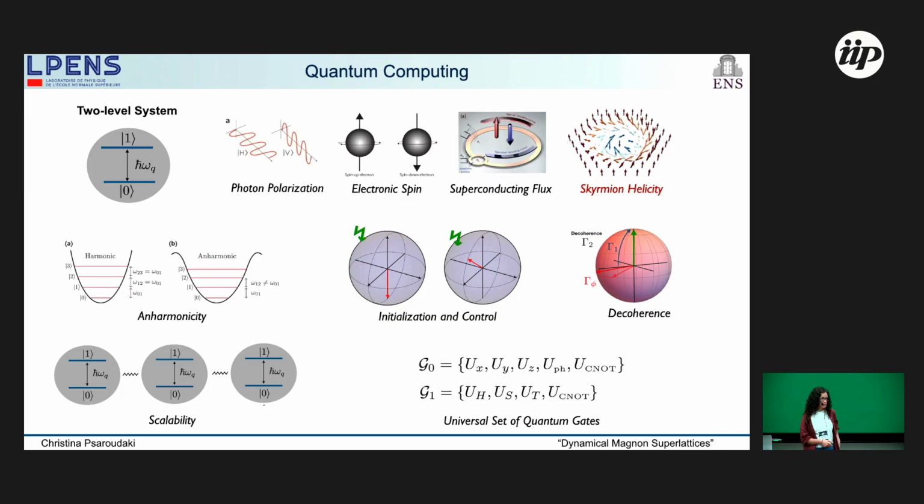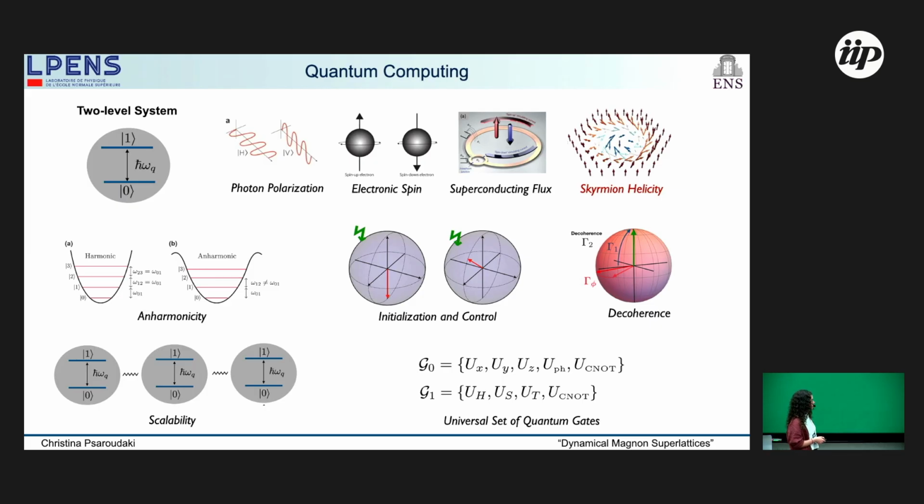But there are some systems that are not naturally two-level, like circuit parameters, but can behave as two-level systems in certain regimes, like the superconducting flux here. So I would like to add the skyrmion helicity as a new degree of freedom, where one can encode quantum information. So we are looking for quantized states of skyrmion helicity.